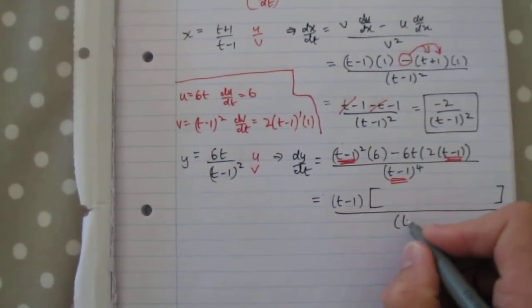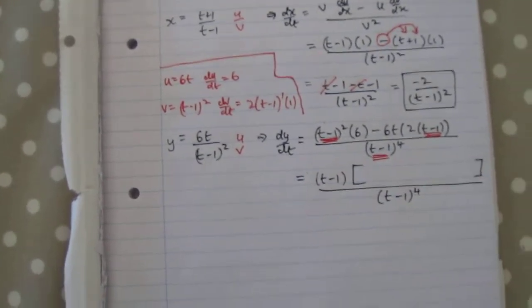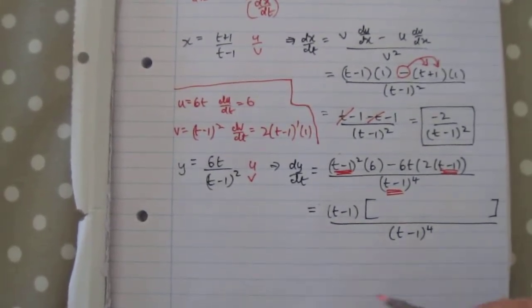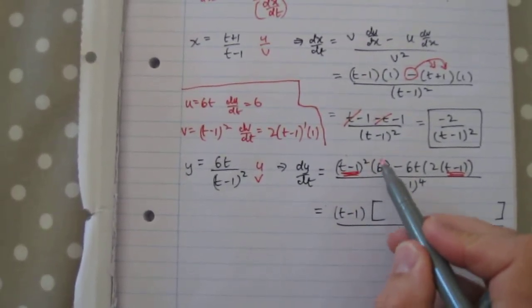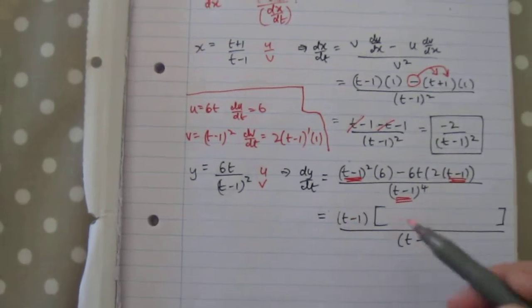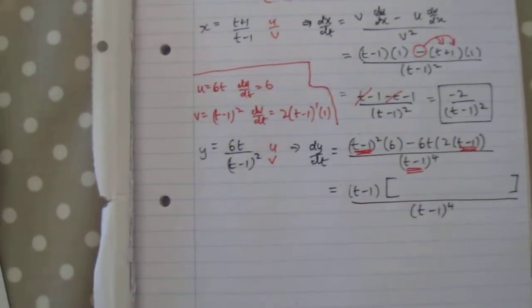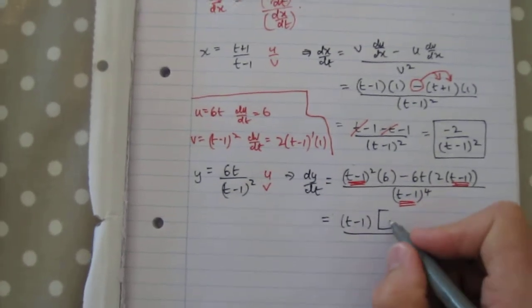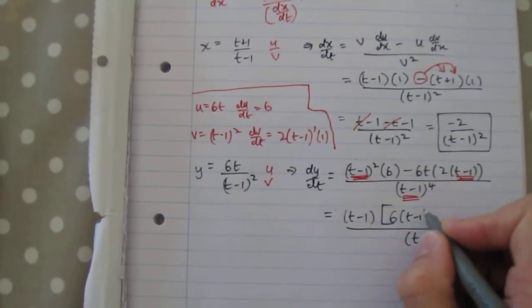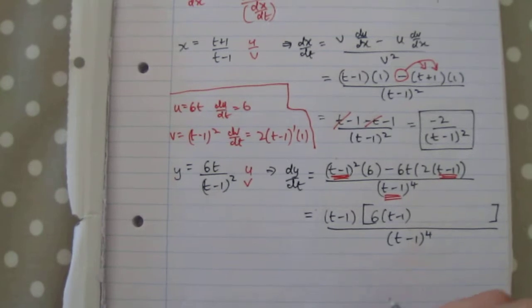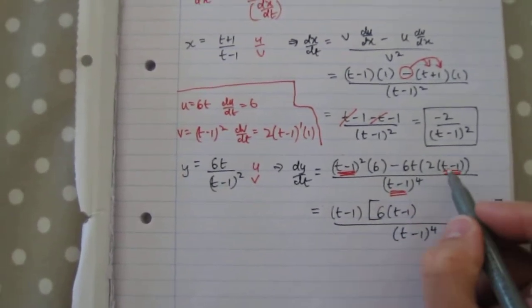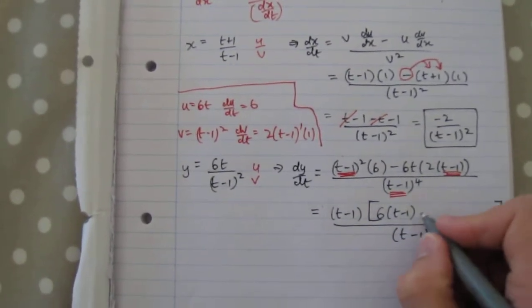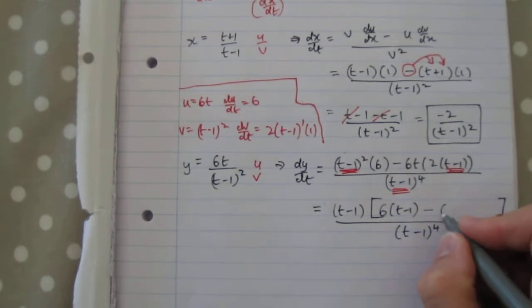And I'm going to cancel it then with one of the (t minus 1)s on the bottom. So if this was 6x squared and I took out an x, I'd be left with 6x in here. Because this is 6(t minus 1) squared, if I take out a (t minus 1), I'd be left with 6 times (t minus 1). Okay, in the second bracket, if I factor out the (t minus 1), I'm left with minus 6t times 2.